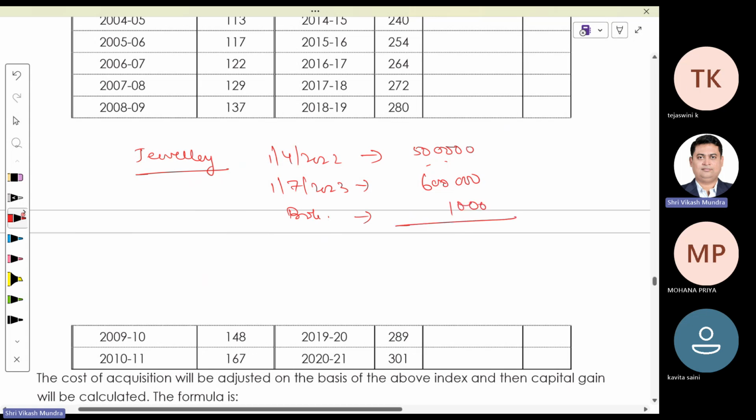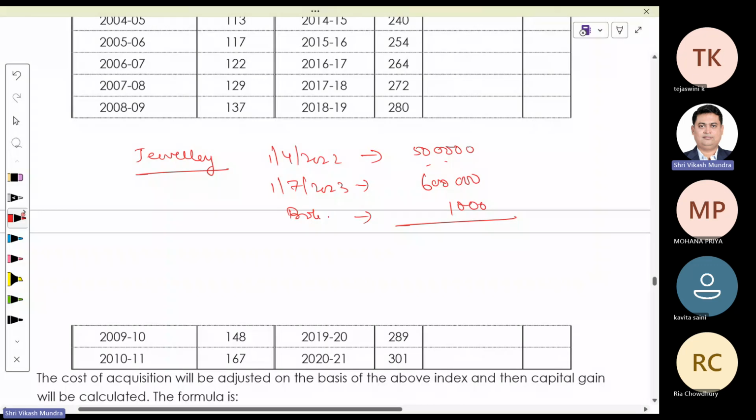How should I determine whether this is my long-term capital asset or short-term capital asset? This is the purchase date: 1st April 22 is the purchase date, and 1st July 23 is the selling date. I believe everyone agrees this is a short-term capital asset. In that situation, how could I compute my capital gain?